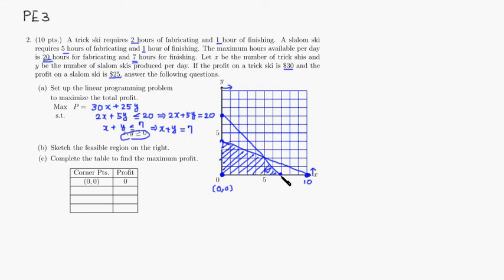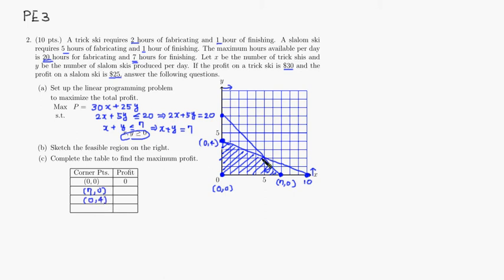Another point is 7, 0, our corner point. Another easy one to find is, oh, actually, the other way around, 0, 4. So we have 0, 4.